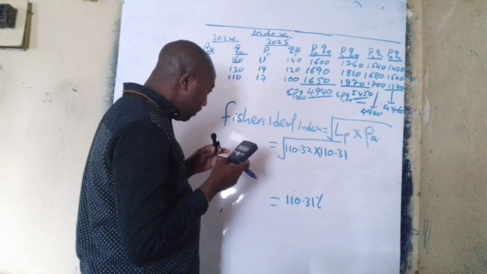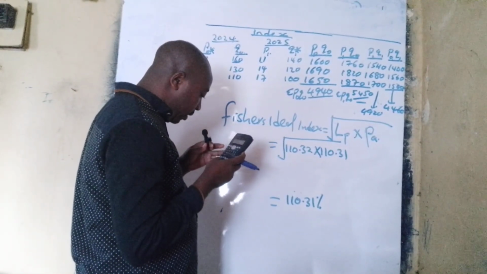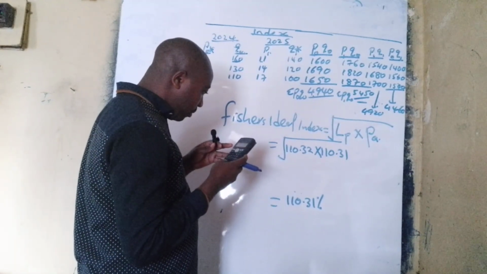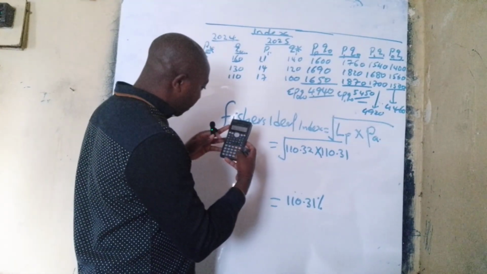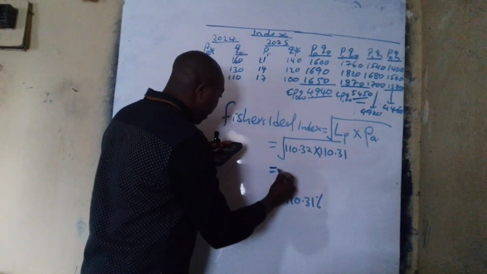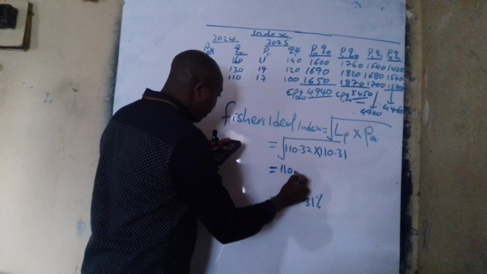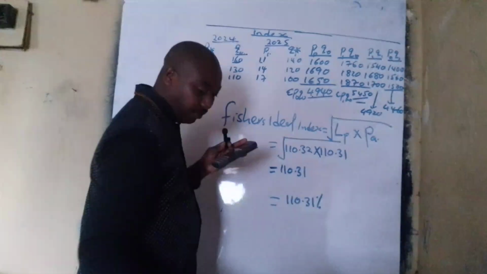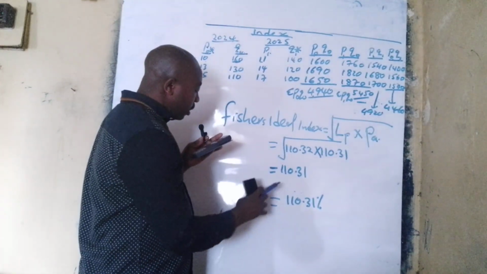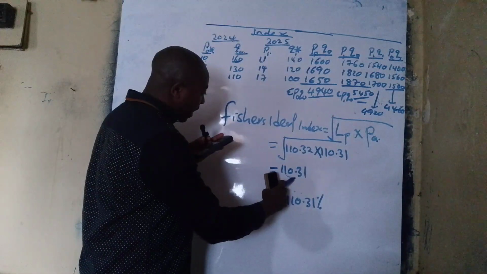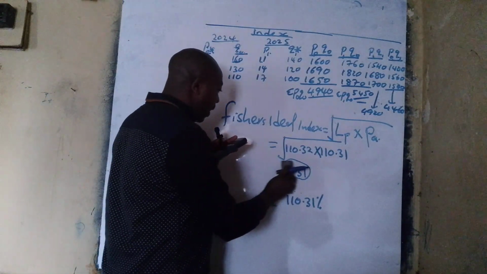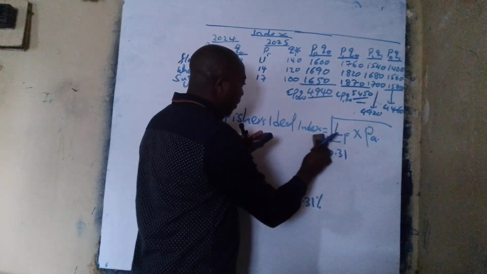Do that one. First of all, you multiply before you find the root. Then put the square root answer. That's around 110.31. Our final answer is 110.31. So if we are being told to interpret, it means on average, the price has increased by 10.31%.